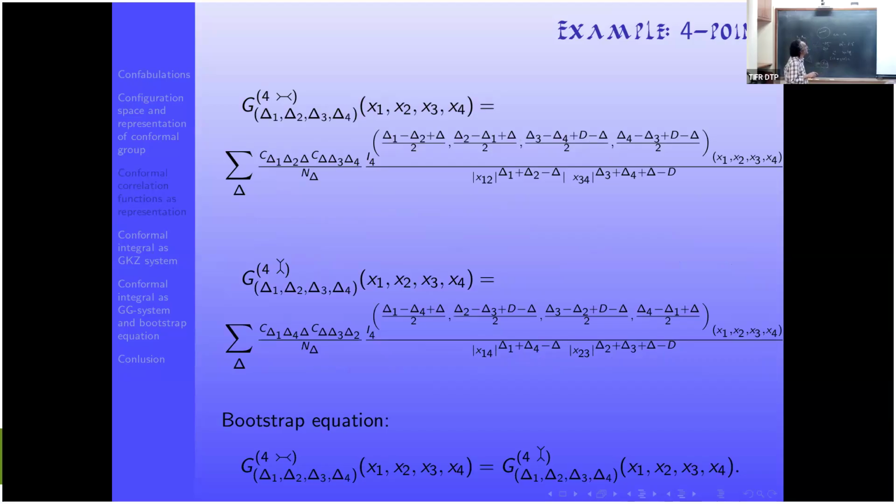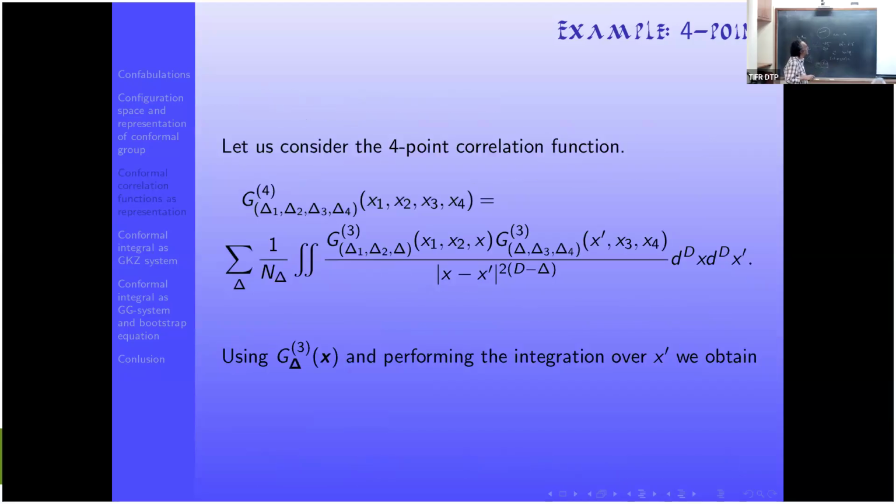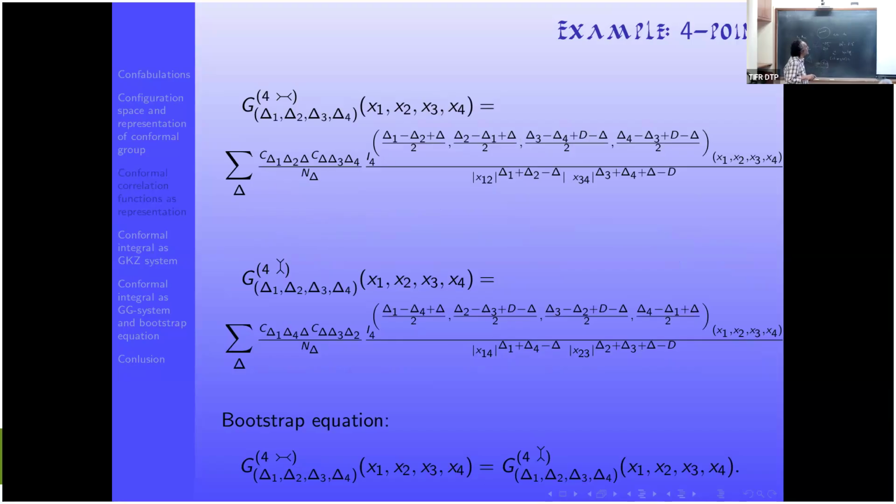So in the so-called S channel, you have two C's sitting here coming from the two 3-point functions. You have these so-called leg factors here and a symbol here. I'm going to explain it on the next slide. And similarly, just do a 2 to 4 exchange to get a T channel, like I showed earlier, and you get a similar expression, and the bootstrap equation is equating them.